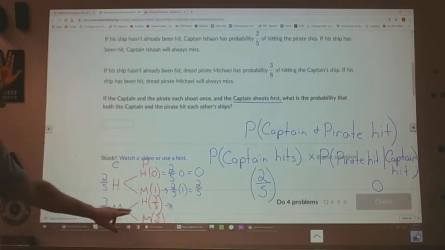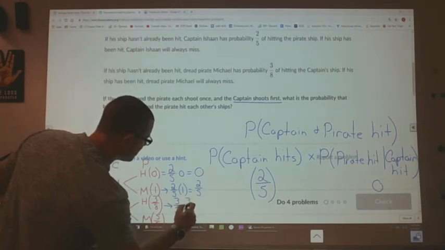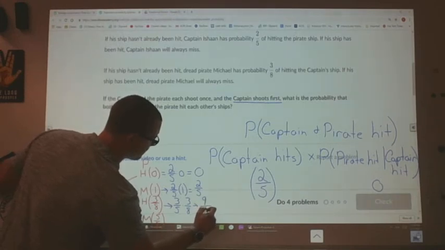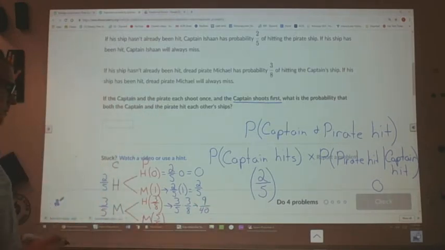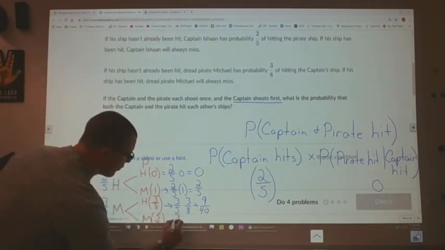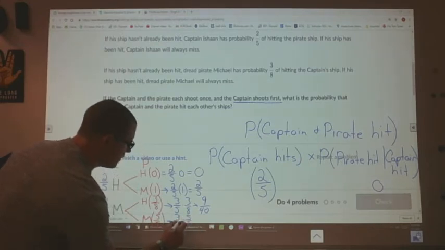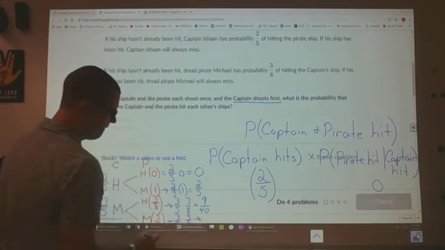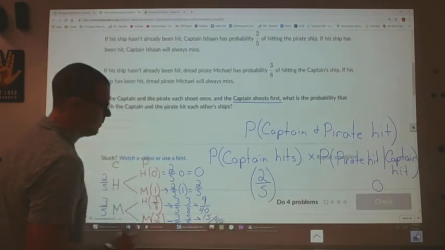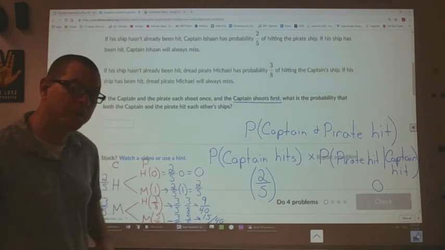Now, the probability the captain misses and the pirate hits, that's 3/5 times 3/8, which is 9/40. And then the probability that both of them miss, the probability the captain misses and the probability that the pirate misses, would be 15/40.